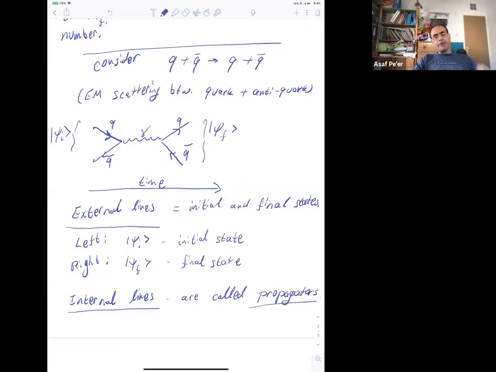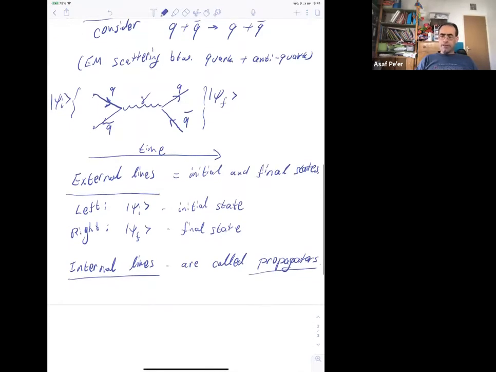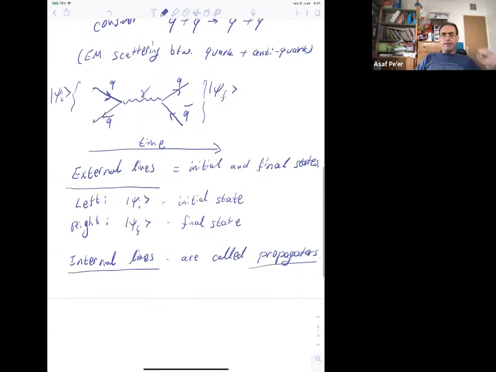So there is a key difference between the internal and external lines, the propagators and the external lines. And the key difference is that the external lines represent true particles, initial state and final state particles. So each such line can be associated with a well-defined four-momentum. When I say well-defined, I mean measurable.